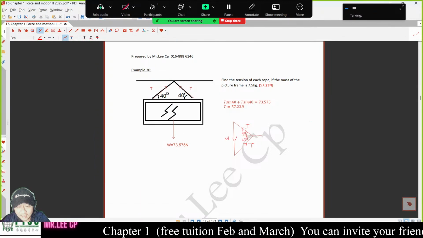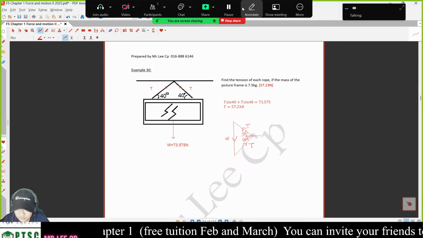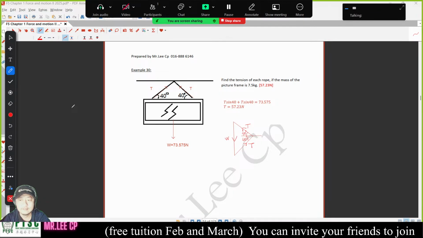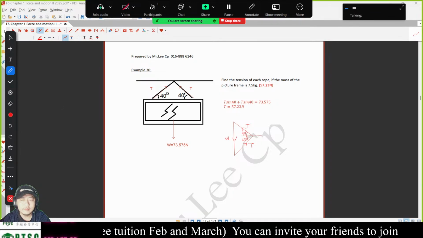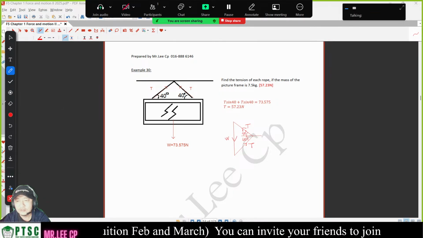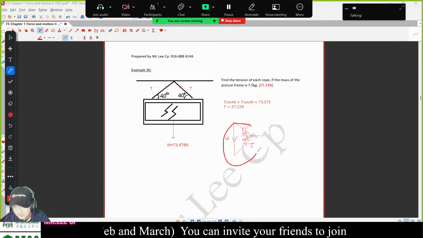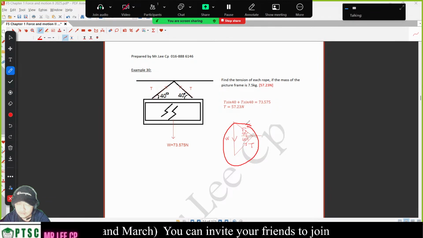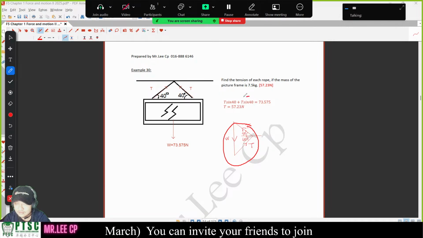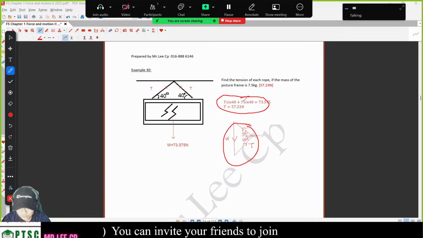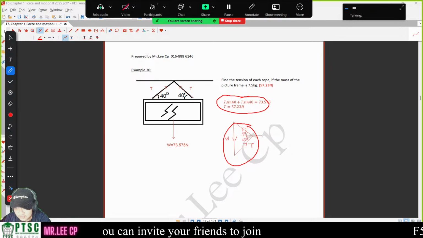I'll tell you why I am teaching you this one. A few years ago, my student went to Form 6, and her teacher used triangles to teach her. She had already gotten used to my way, so she still came back to ask me how to do this question.